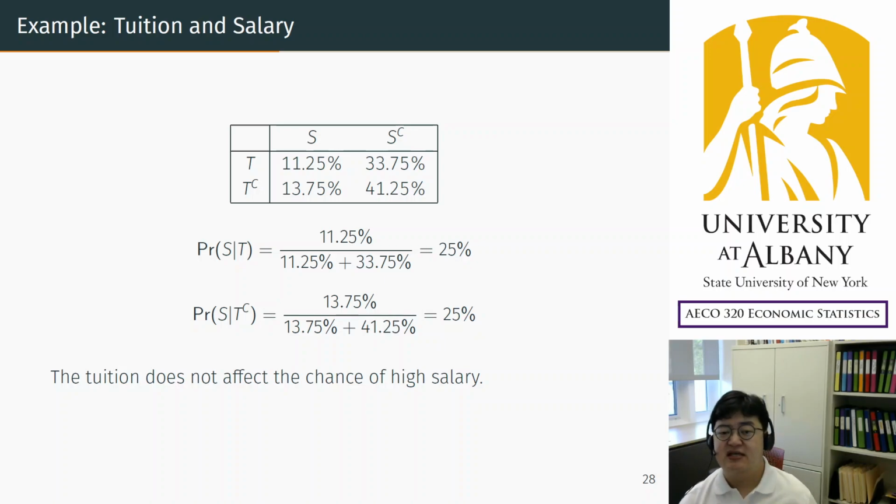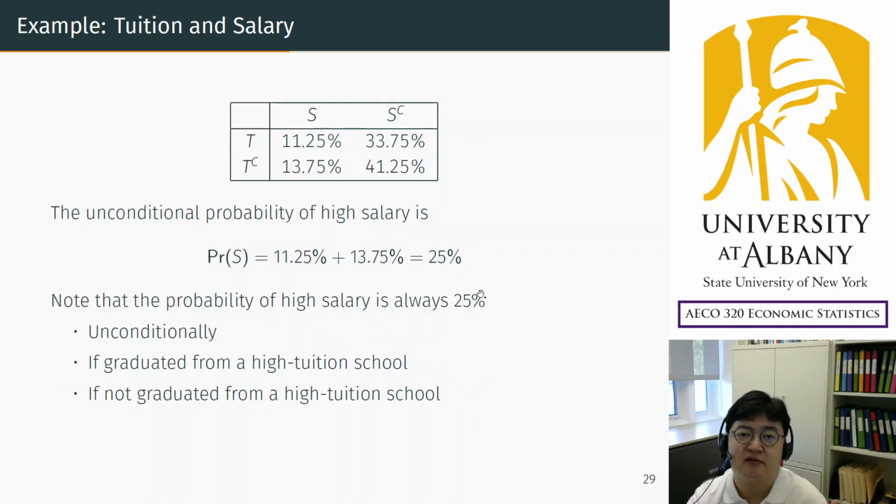So what it means is that based on this data, of course, the data is made up, it's not real data, in this example data it shows that tuition does not affect the probability of earning a high salary. No matter which school you graduate from, the probability is always 25%, right? This is a special and interesting example.